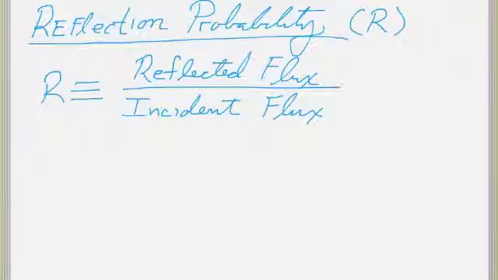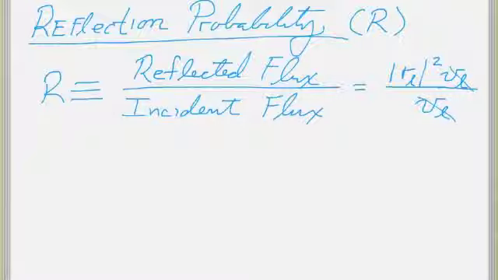Well, the reflected flux is just the magnitude squared of your reflected wave function. And say we're doing it from the left-hand side, so that's R sub L magnitude squared times the velocity. And the incident flux is just the same velocity, right? Because all this does is it keeps the same velocity, just reverses directions.